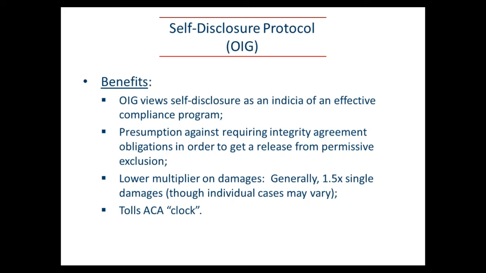The self-disclosure protocol typically will use a 1.5 times multiplier, whereas if you wait for the conduct to be discovered, if it's raised in a False Claims Act case, many times the damages, if it's settled, will be double damages as opposed to 1.5 times, and you'll get a CIA or be required to have a CIA. The disclosure through the protocol also stops the 60-day clock that Jim was referring to, which is, of course, a benefit.